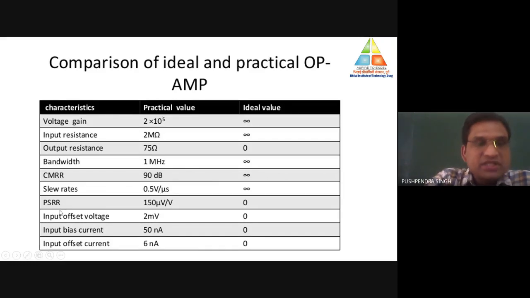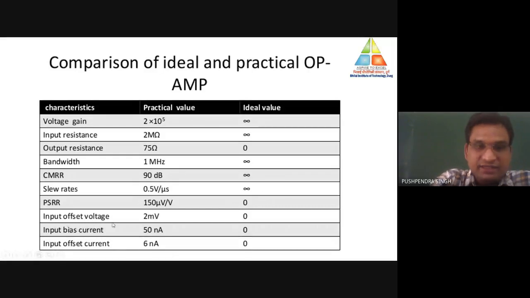PSRR is power supply rejection ratio. Its value in the ideal condition is 0 and in the practical condition 150 microvolts per volt. PSRR is also called supply voltage rejection ratio, so PSRR is nothing but SVRR. Input offset voltage: maximum 2 millivolts in the practical condition. In the ideal condition it should be 0. The circuit should not need any kind of input offset voltage.